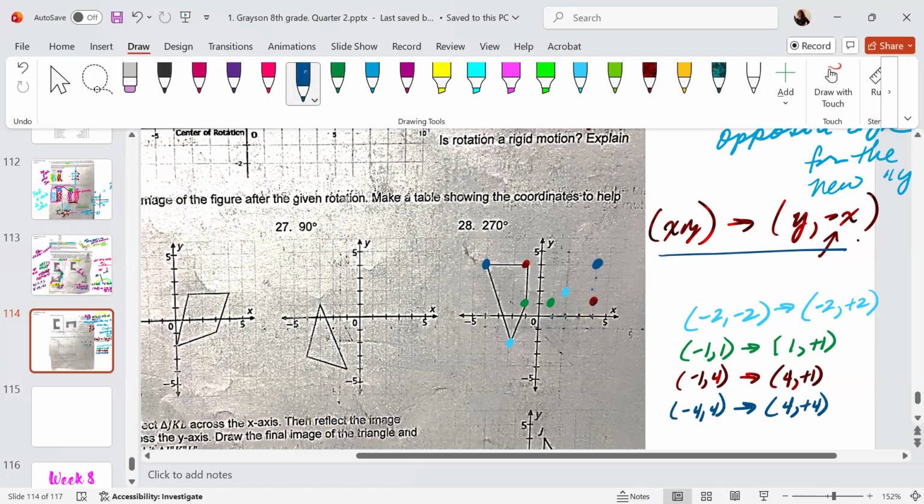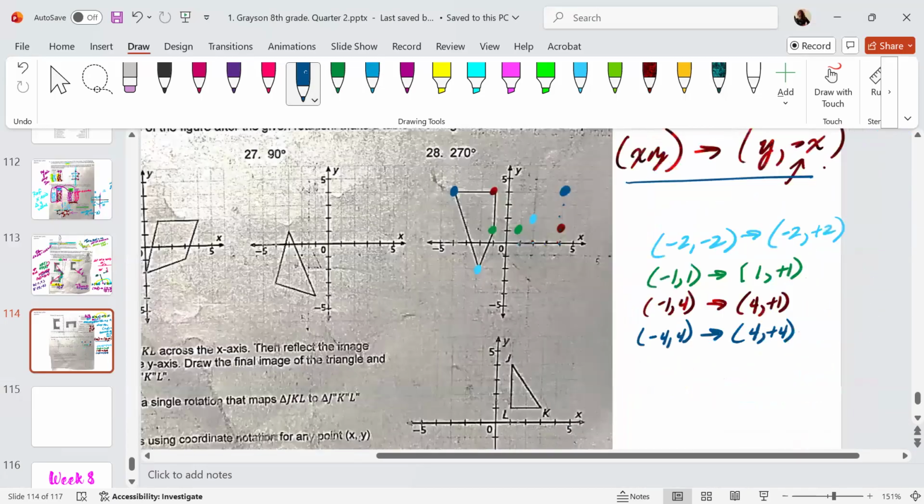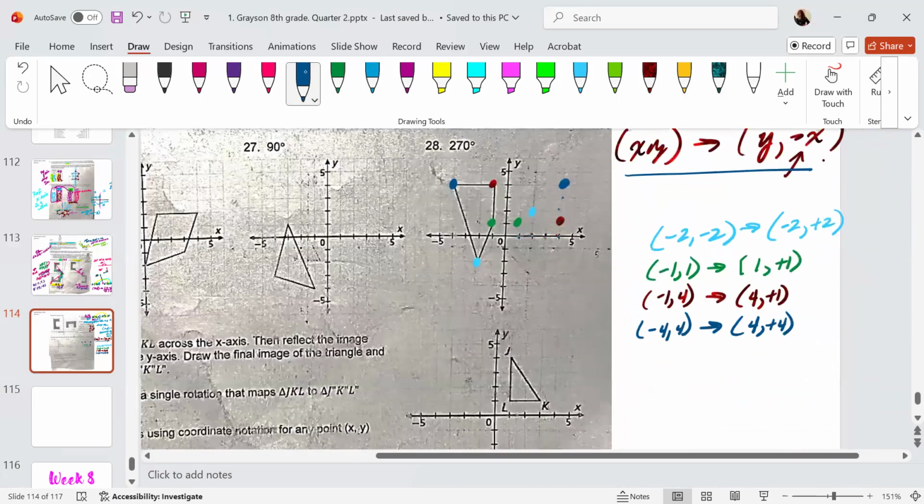Is that equation correct? For 270. Why -x? (-2, -2), (-2, +2). No, that would be correct. (-2, +2). Oh no, I screwed this one up. That should be (-2, +2). (-2, +2). Oh. That would make sense.